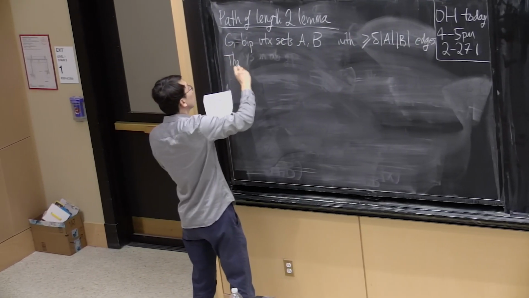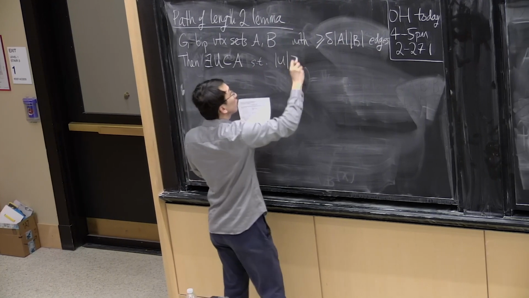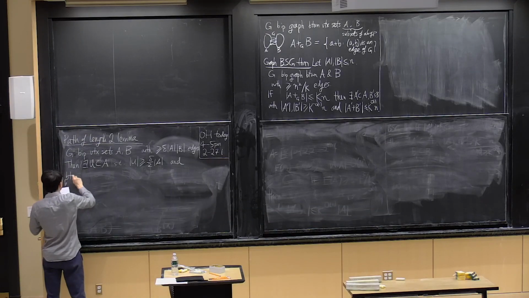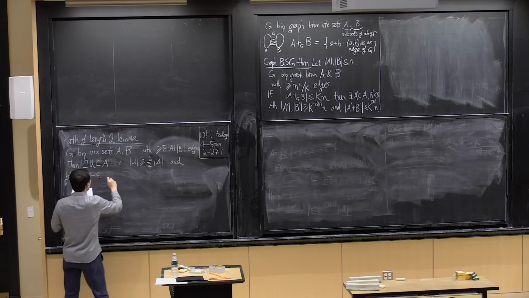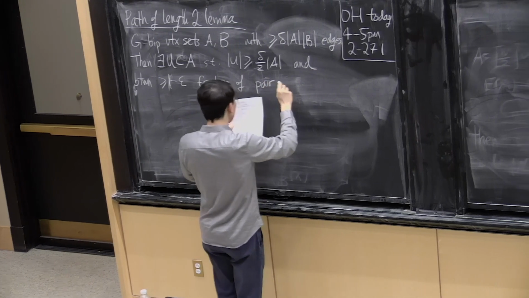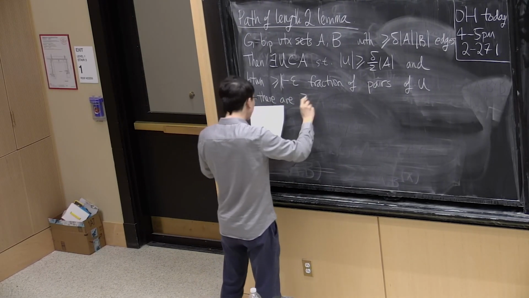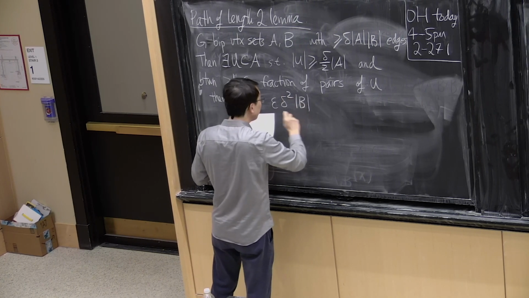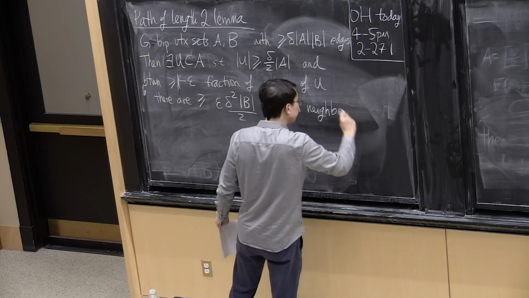Then the conclusion is that there exists some U, a subset of A, such that U is fairly large, and between most pairs of elements of U, so between a 1 minus epsilon fraction of pairs of U, there are lots of common neighbors, at least epsilon delta squared B over 2 common neighbors.